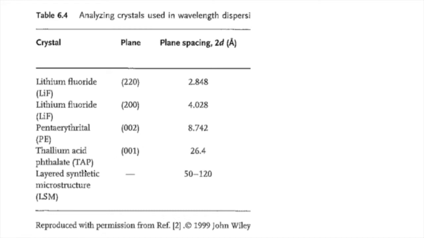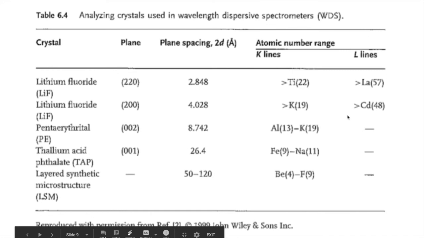So these layered synthetic microstructures have been fabricated to allow us to detect lighter and lighter elements because they have larger and larger wavelengths. That's what I was hoping you'd get out of that, and if I show you the rest of table 6.4, you'll see that.